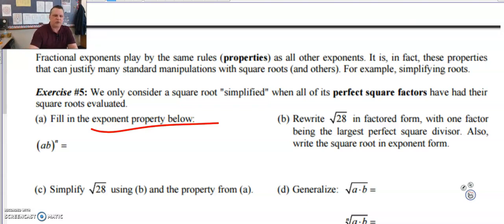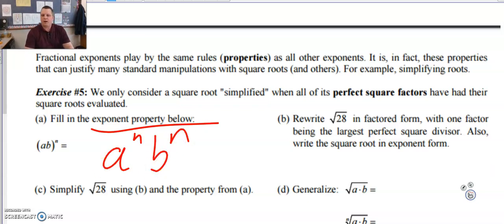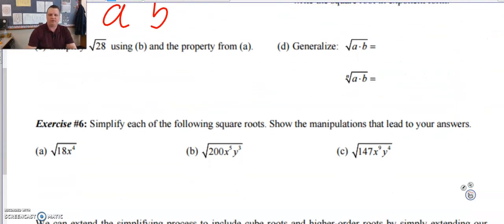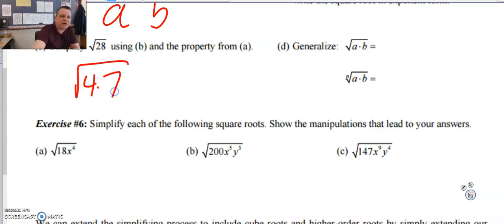So of course, you know this exponent property. Remember, a to the n, b to the n, right? We want to simplify square roots. So we want to find two numbers that equal 28, one of which is a perfect square. So it's the square root of 4 times 7, square root of 4, square root of 7.